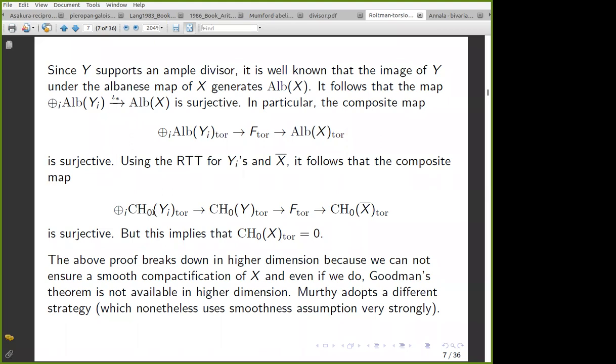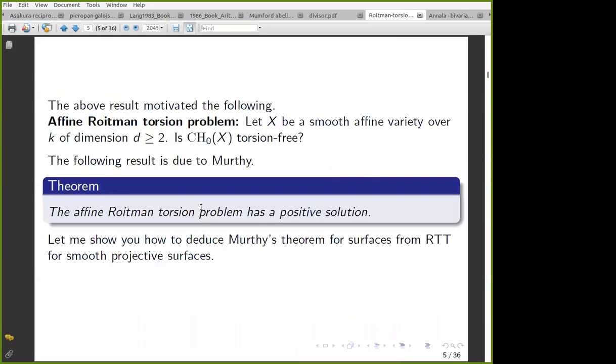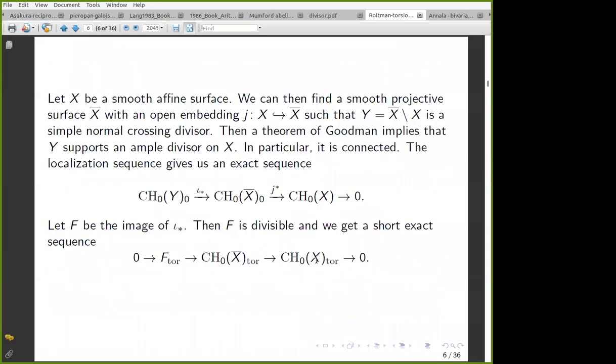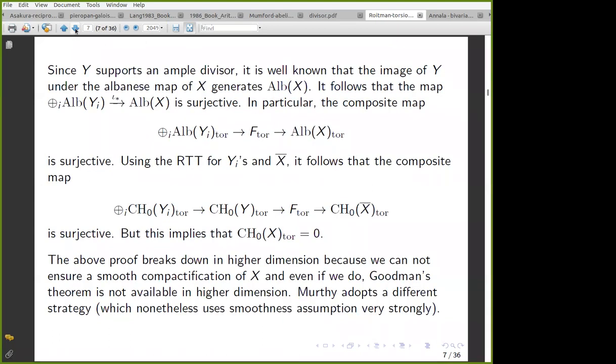The torsion subgroup of Y surjects onto the torsion of X. But then the Roitman torsion theorem tells you that the torsion of the Chow group is the same as the torsion of the Albanese. That means that all torsion of X actually comes from the torsion subgroup of Y, which means from this exact sequence that this guy must be 0. The torsion of X must be 0. So this is the proof of the affine Roitman torsion theorem.